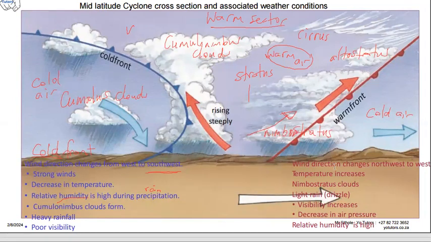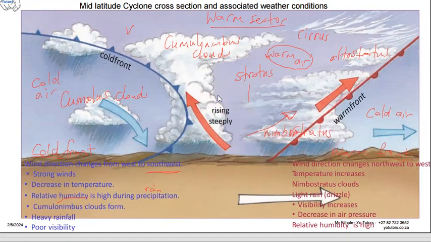We have wind direction changing from northwest to west. So this is your warm front. These are the conditions you experience on the warm front sector. The temperature starts to decrease, there are nimbostratus clouds and light rain, and visibility starts to increase. We have a decrease in air pressure, and relative humidity is high during precipitation.